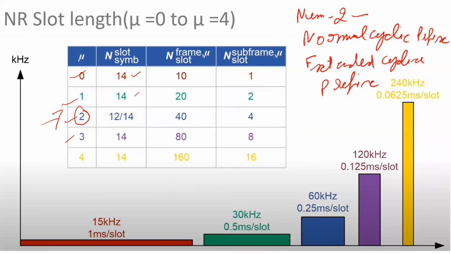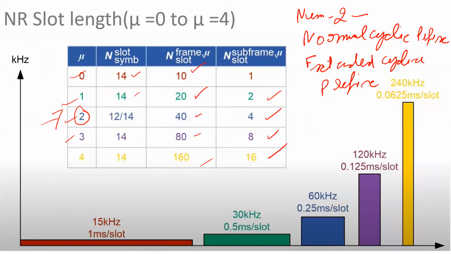And how many slots per frame? It will be 10 for 15 kilohertz, 20 for 30, and so on, right? And how many slots per subframe? It will be 1 for 15 kilohertz, 2 for 30 kilohertz, 4, and so on, right?